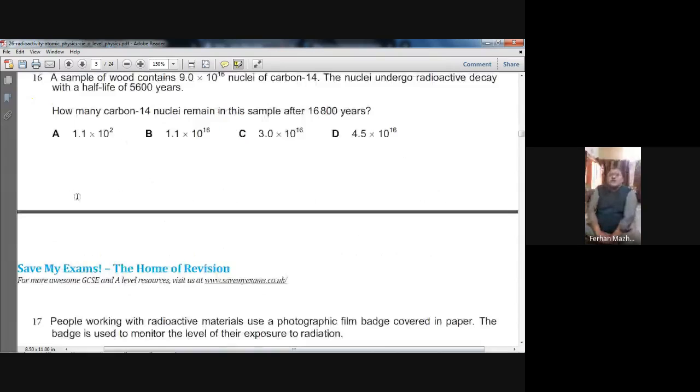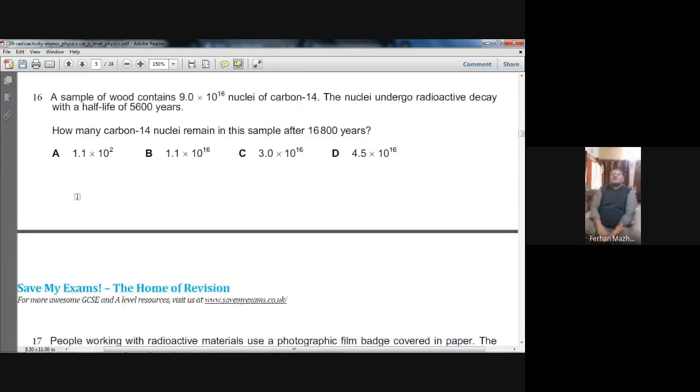A sample of wood contains 9 × 10^16 nuclei of carbon 14. The nuclei undergo radioactive decay with a half-life of 5,600 years. How many carbon 14 nuclei remain in the sample after 16,800 years? Let's see how many half-lives have passed.